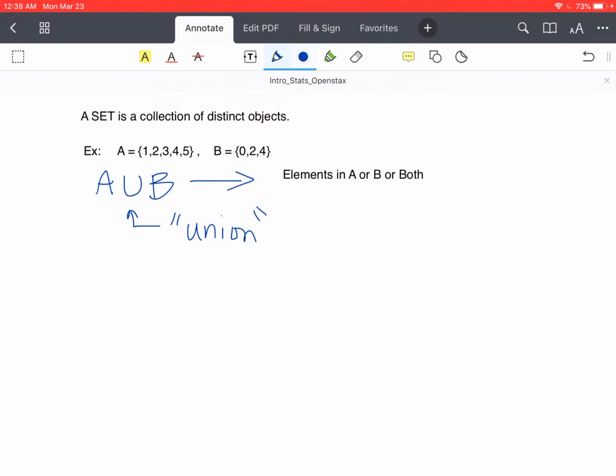The next one looks like an upside down U, but this is the intersection.